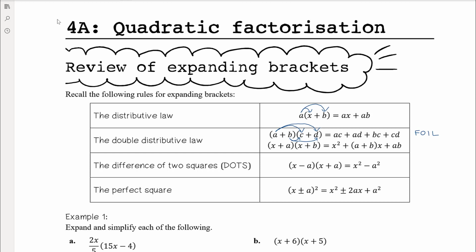What I want you to focus on, and I'm going to refer to this specifically in relation to these last three rules, is expanding efficiently. I don't want you to write out 4 separate multiplications if you don't need to.